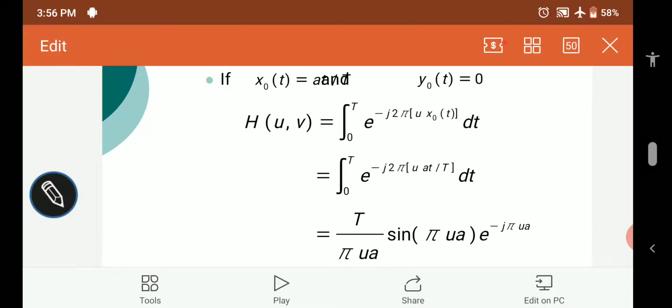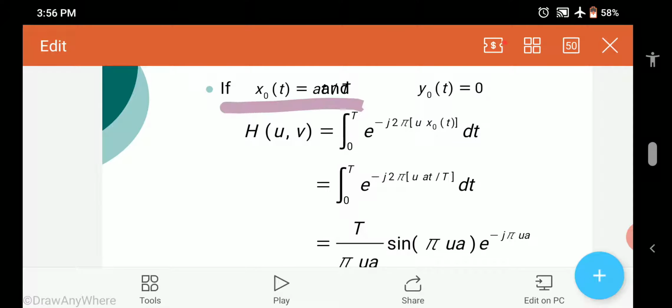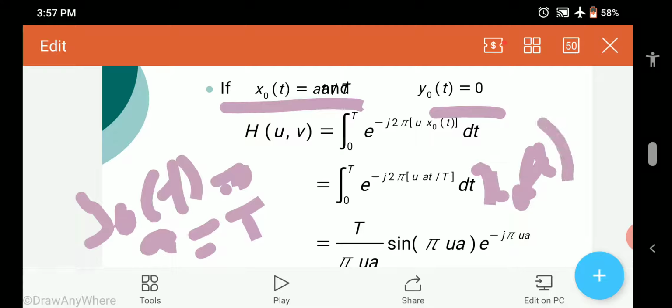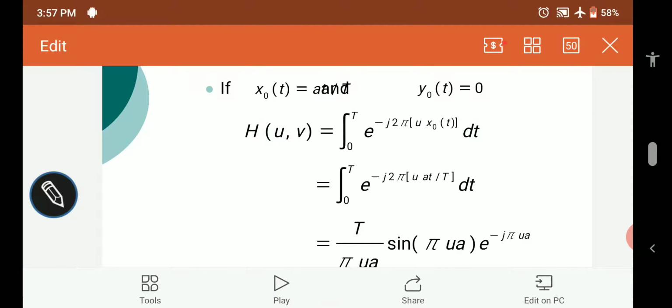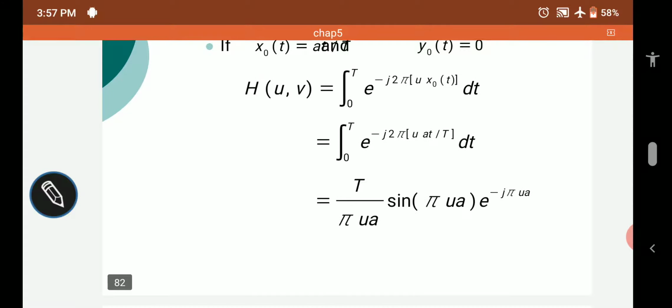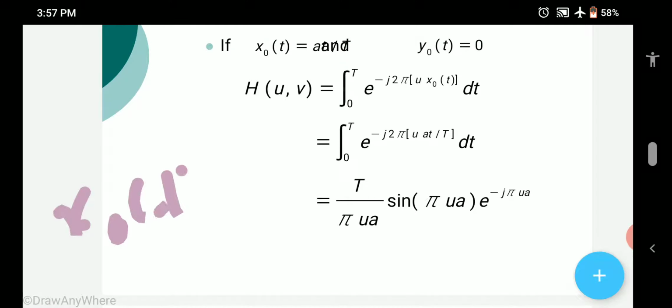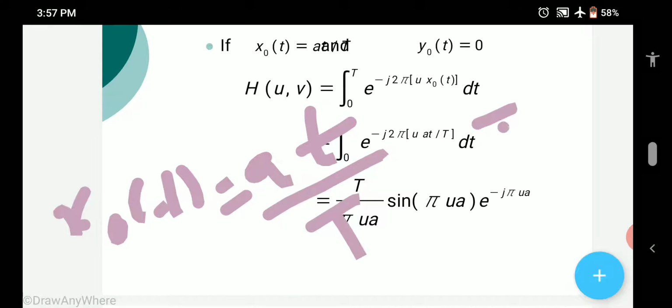So what we are taking is only the x direction; in the y direction there is no displacement, therefore y naught of t is equal to 0, and A is equal to capital T. Therefore x naught of t is equal to at by T, where t we are taking as small t.